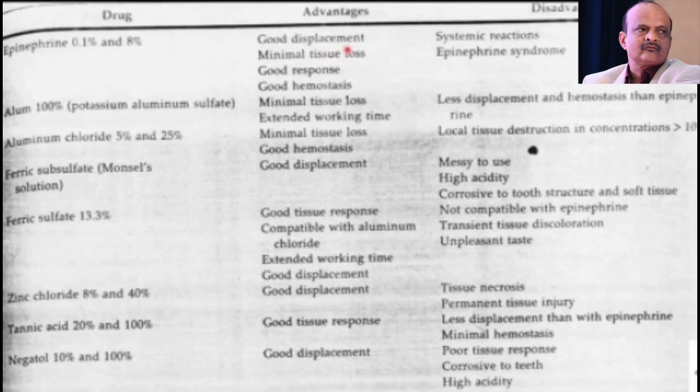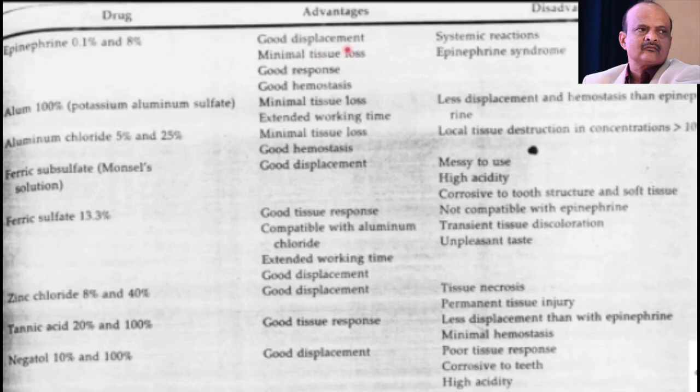Ferric sulfate, which is also called Monsel solution, has good displacement, but it is a little messy to use and it has a very high pH and can cause corrosion of tooth structure or soft tissue. Ferric sulfate has good tissue retraction but is not compatible with epinephrine.